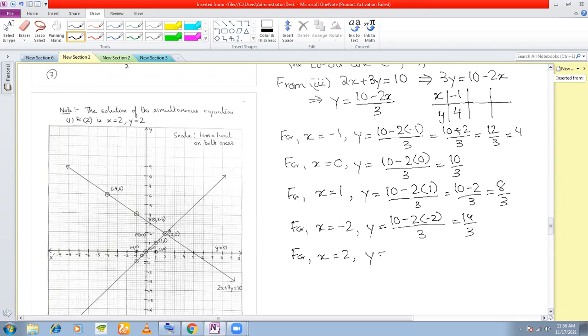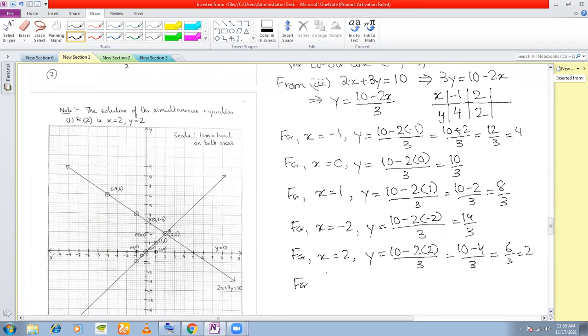Let's see what happens. 10 minus 2 into 2 divided by 3. So you get 10 minus 4 divided by 3, which is equal to 6 by 3, which is equal to 2. Right. Again, we are getting a convenient value. So for x is equal to 2, we are getting y is equal to 2. So this is convenient to plot, so we accept this value.